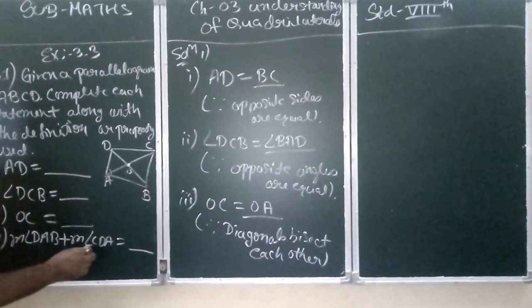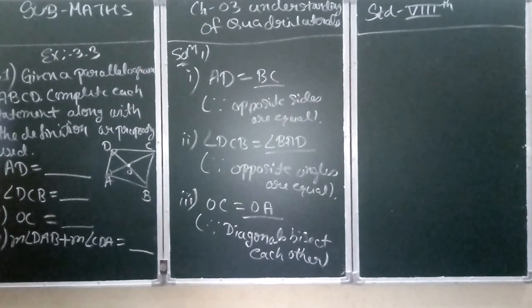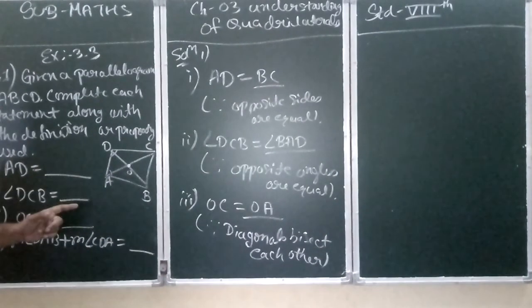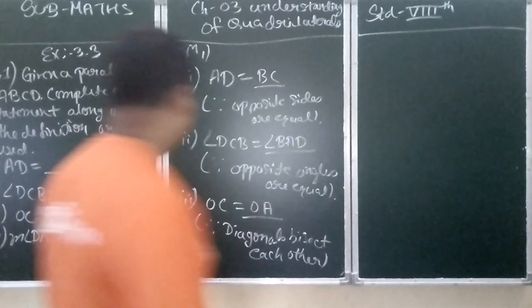Then fourth, angle DAB. This angle and this angle D: the sum is equal to 180 degrees by the adjacent angles of a parallelogram.